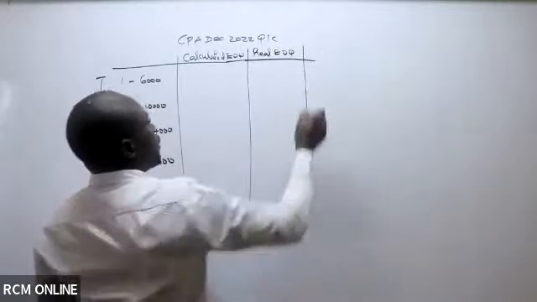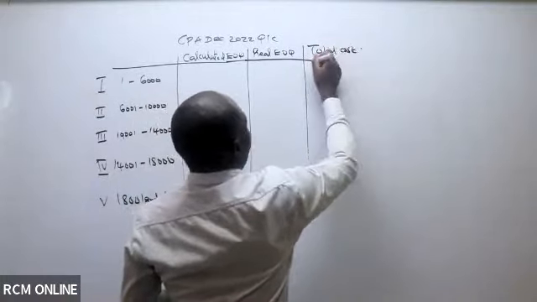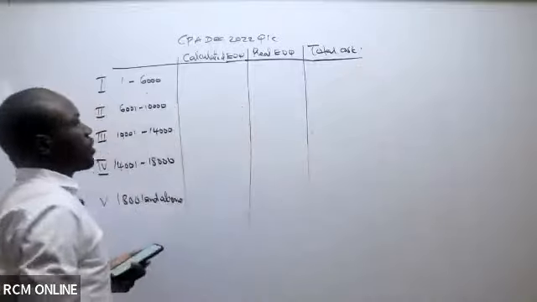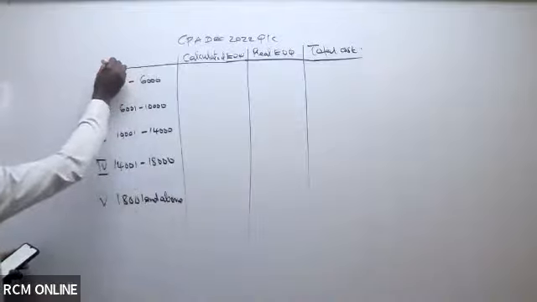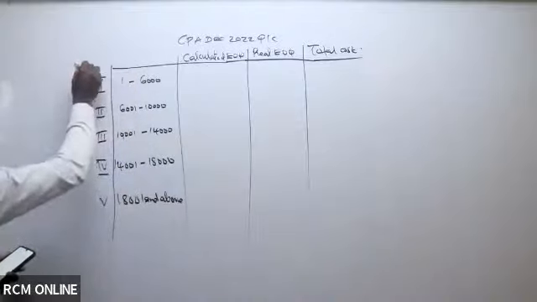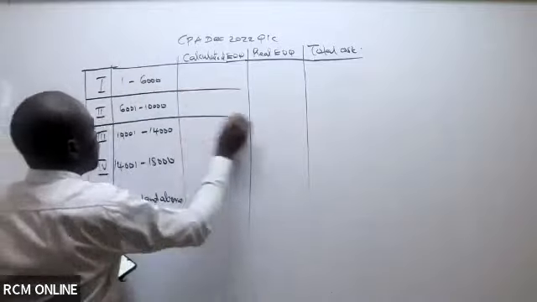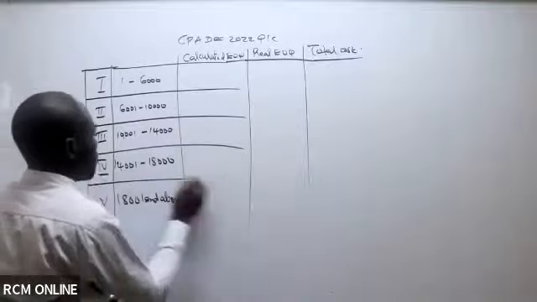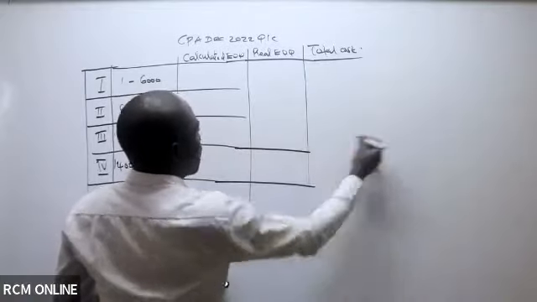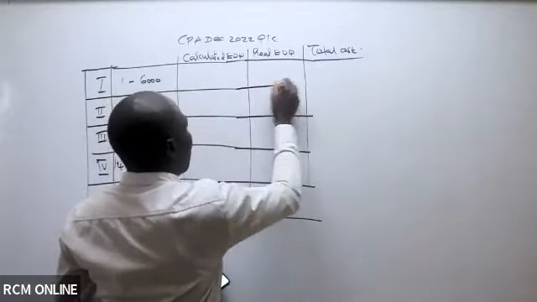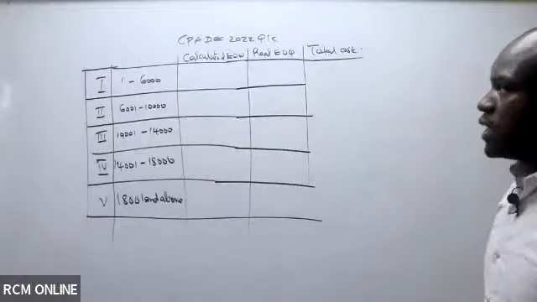Once we have that, we should be able to have what we call total cost, then you make informed decisions. I will not tackle the total cost part because that's now application. Good. So let's start with the first one.